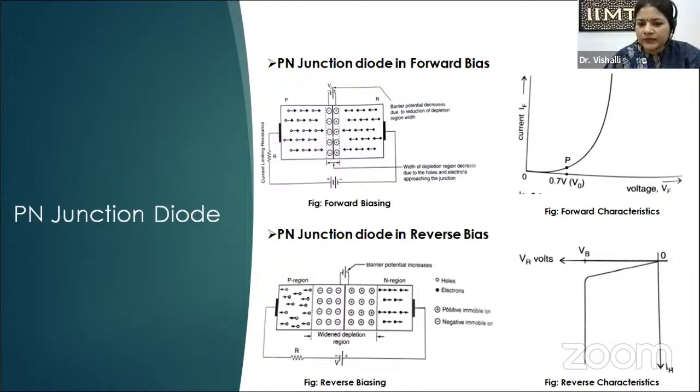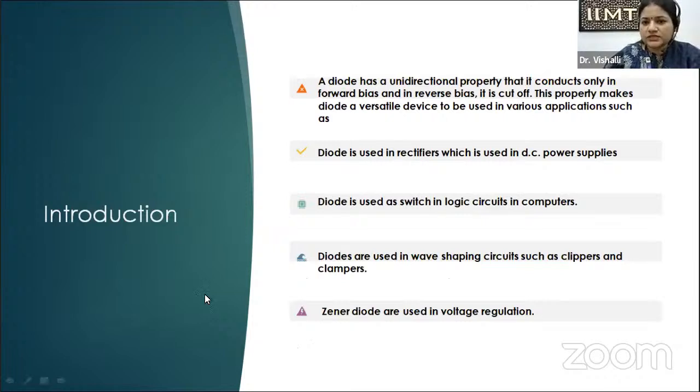This also forms the basis of the rectifier circuit. It's the basic principle of the rectifier, that we assume the diode is conducting in forward bias and is cut off, or non-conducting, in reverse bias. Due to this unidirectional property, the diode has found many applications.